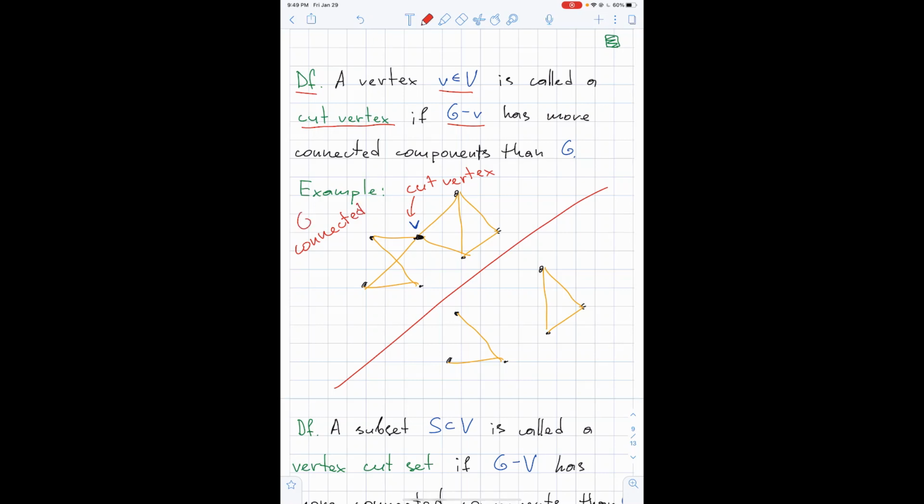So this was, say, graph G. It was connected, so just one connected component. And now this is G without the vertex V, and it is clearly disconnected, and it has two connected components.